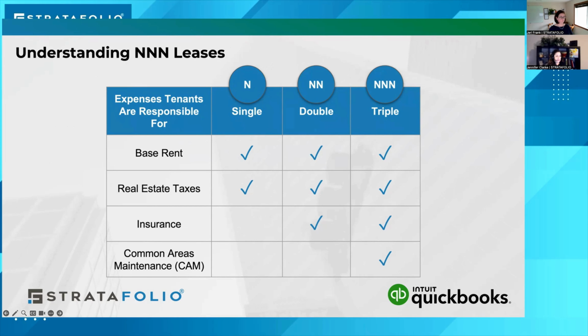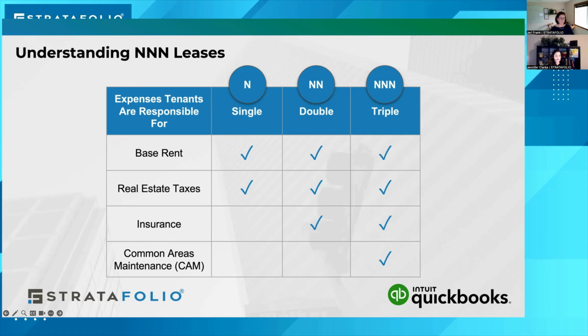The first N typically stands for real estate taxes, which is very common for a tenant to pay even on a ground lease. The next is insurance, for instance the general liability insurance that the landlord pays for the building. It will be stated in the lease that this is a cost they share, and typically it's an expense that will be paid by the tenant.